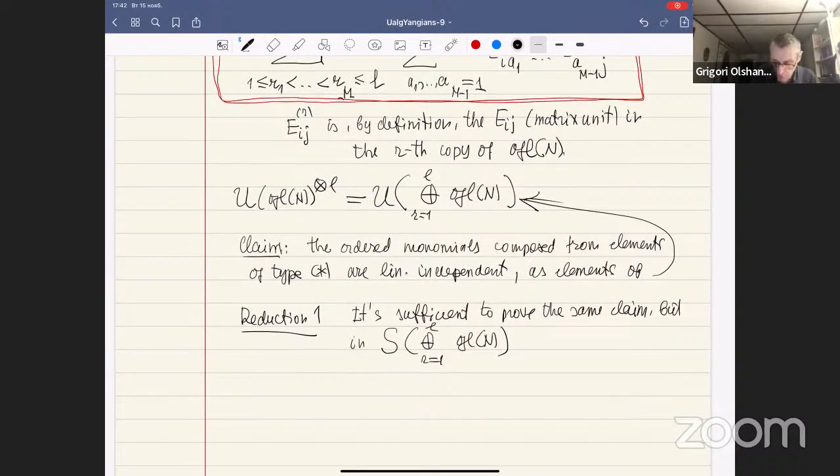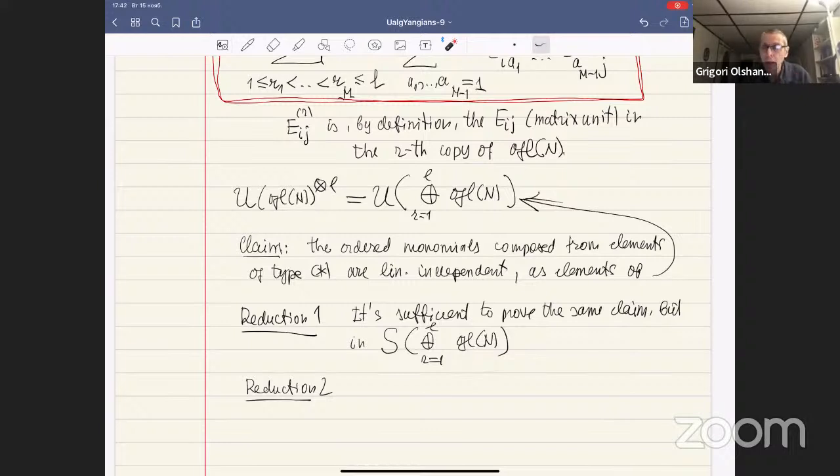Reduction number 2. Look, what is this? The symmetric algebra on a finite dimensional space is the same as the algebra of polynomials on the dual space. But in this situation, we have a fixed basis.